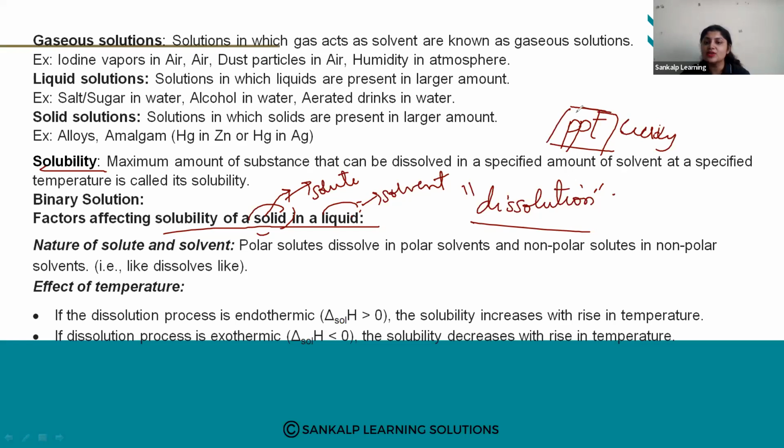When your solute particles start colliding with each other and get precipitated, this process is called crystallization. When the solute particles collide with each other and get precipitated, they form a curdy precipitate.